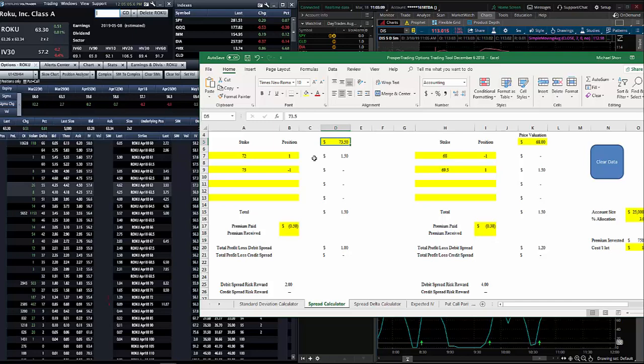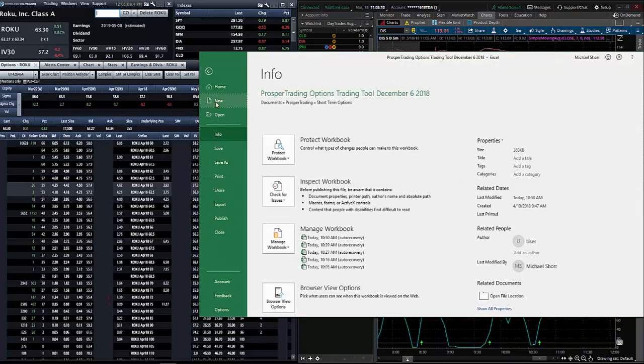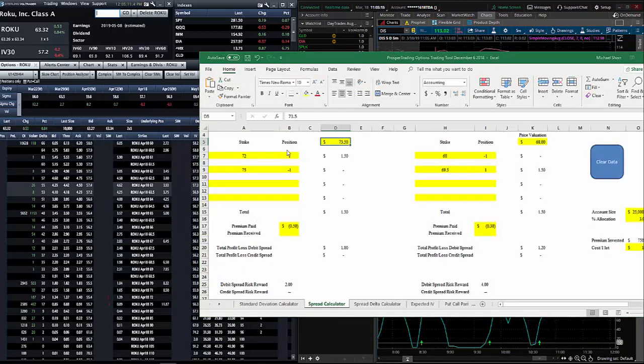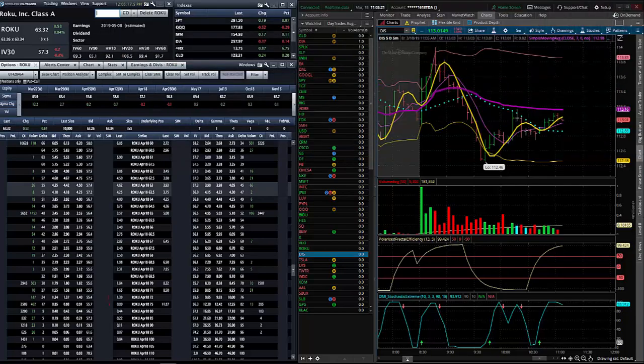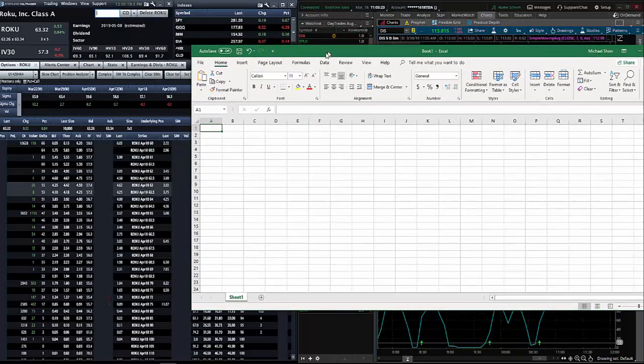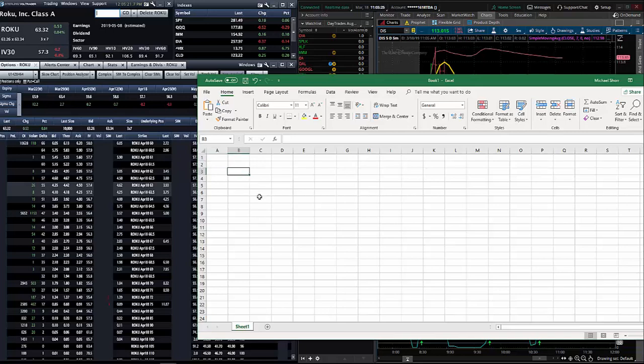So let's just use the example, and I'm just going to bring up a fresh worksheet here so we can see what we're talking about. So let's just say at expiration, and we'll say that the stock, in fact, got to 74. Okay, we could buy the stock.